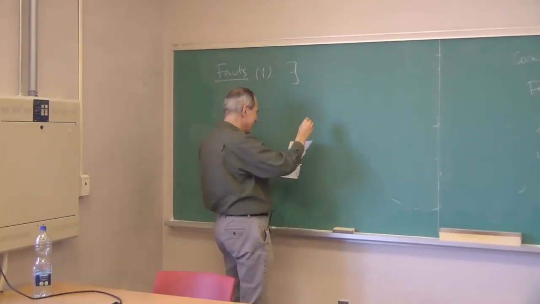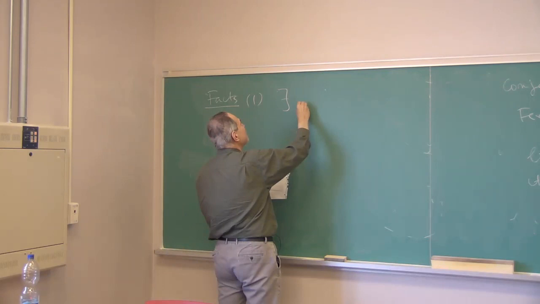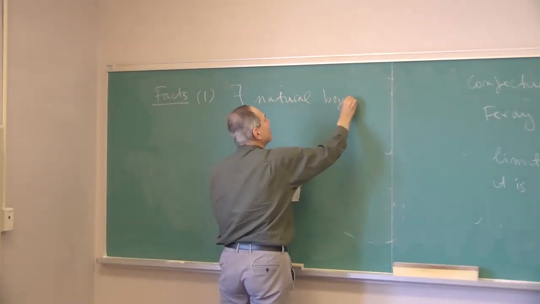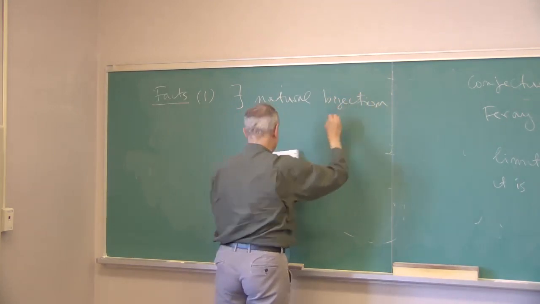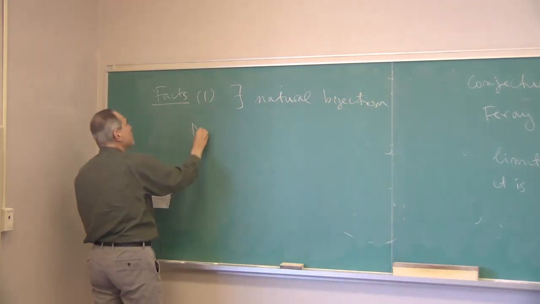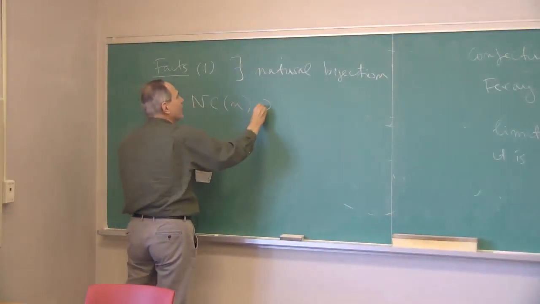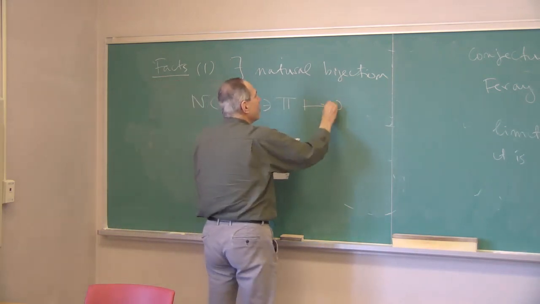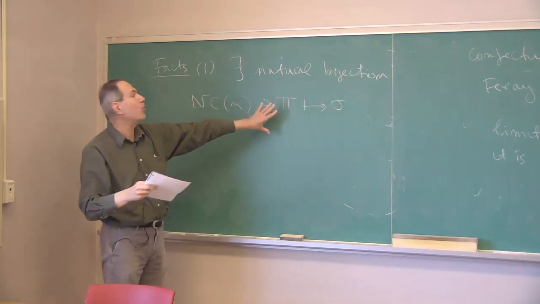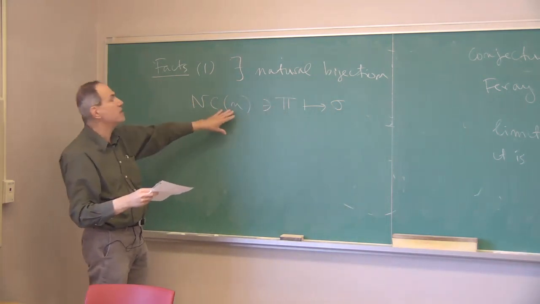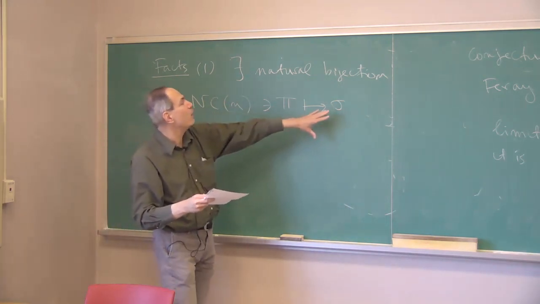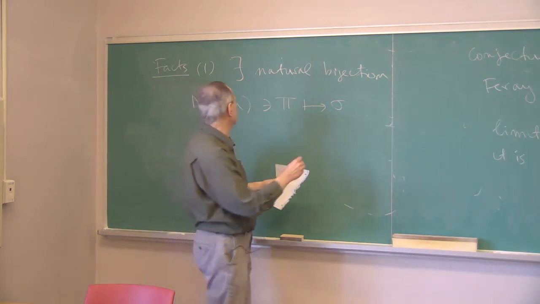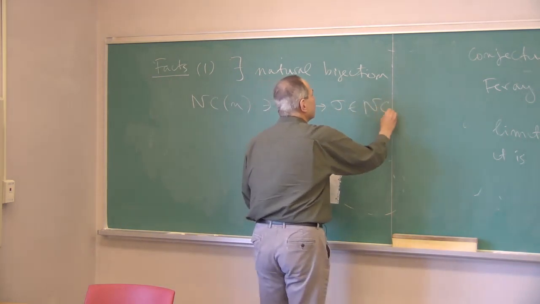Yes, so there is a natural bijection which sends, so take a pi in non-crossing partitions and get a sigma. So I'm using pi, rho for non-crossing partitions in NC(n), and sigma, tau for non-crossing pair partitions in NC(2n).